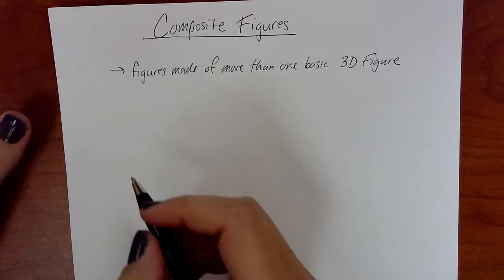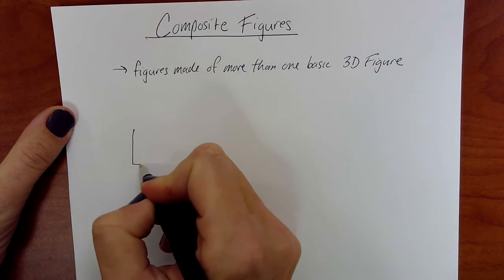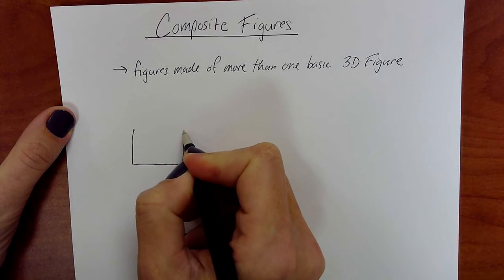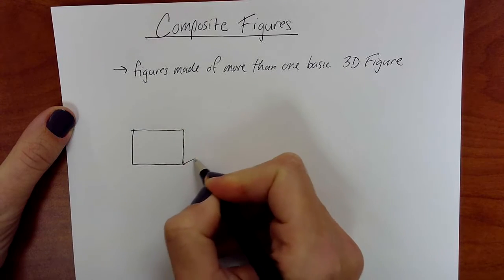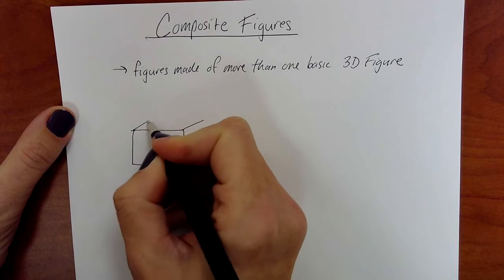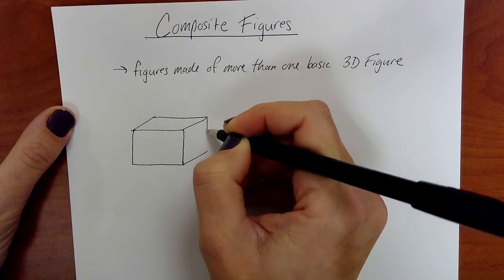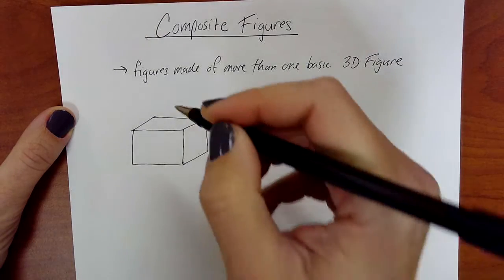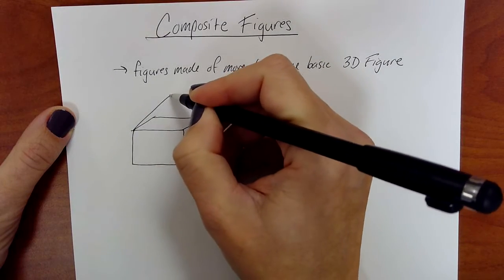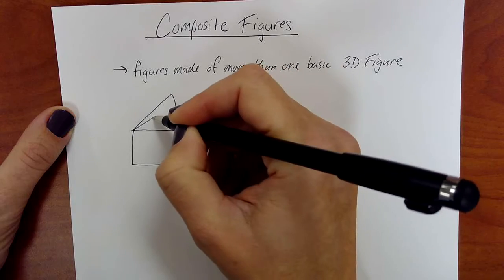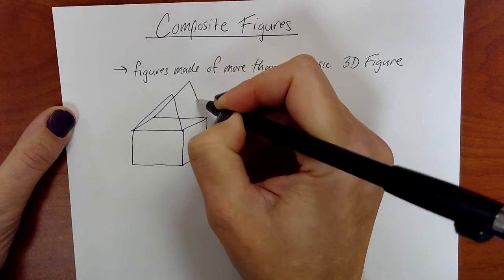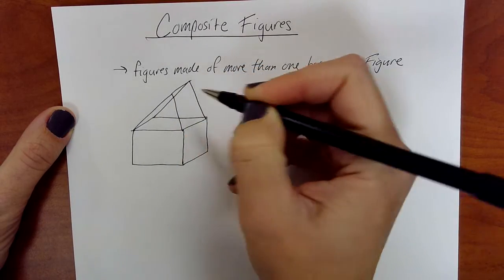So let's draw a picture here. I'm going to draw a rectangular prism on the bottom like this. And it's going to have a roof. So I'm going to draw a triangle off the front, a triangle off the back, and connect.